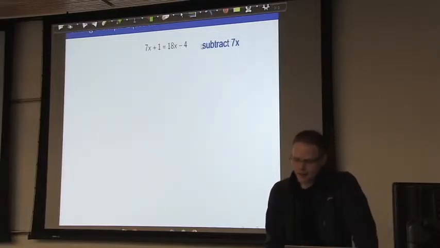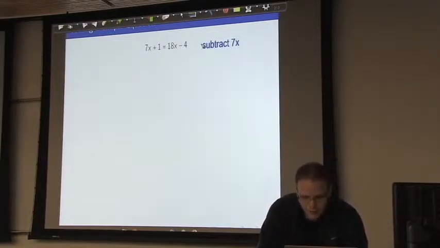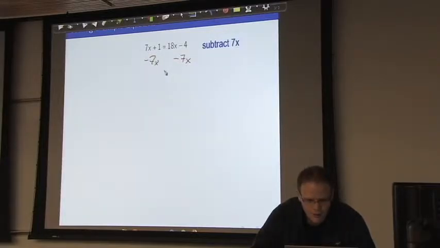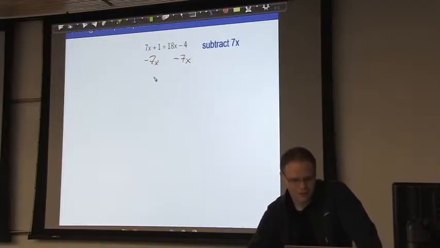So it looks really neat. If I hit pen, I can say I want red. I can do minus 7x, minus 7x. And I can just push 1, changing the color back. Now I have 1 equals 11x minus 4.